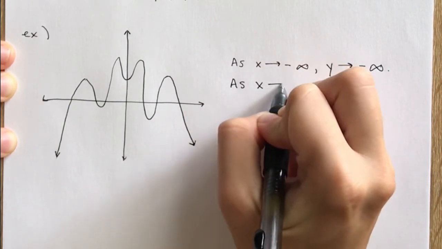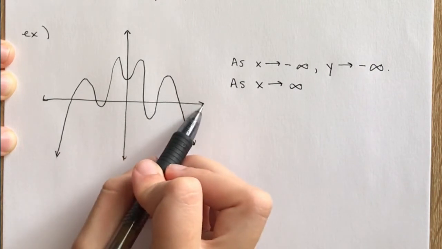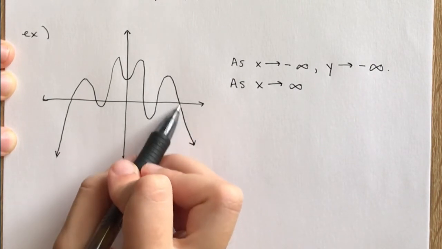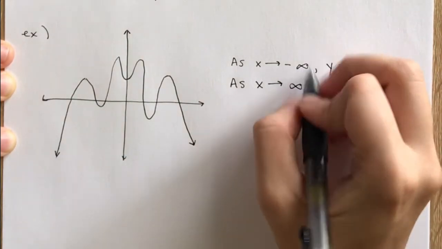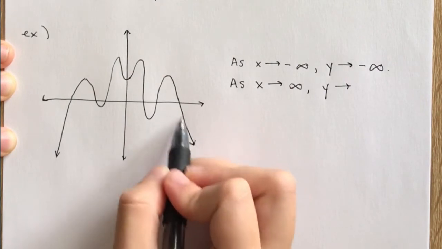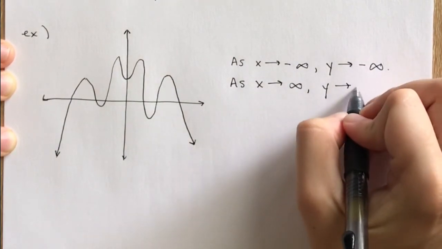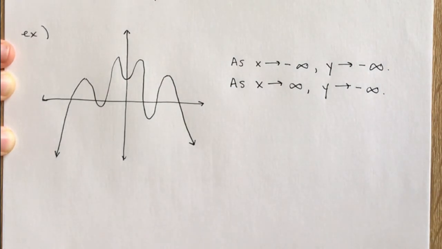As x approaches positive infinity, as we move off the graph to the right, what's going on with these y values? They're also getting really, really negative. So y approaches negative infinity here as well.